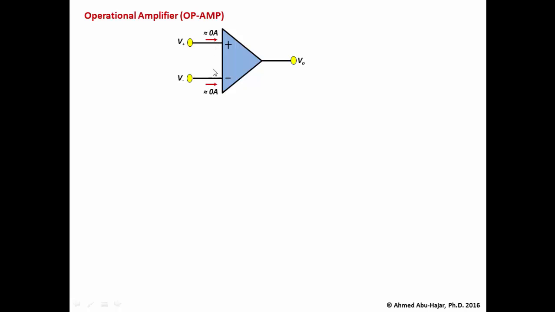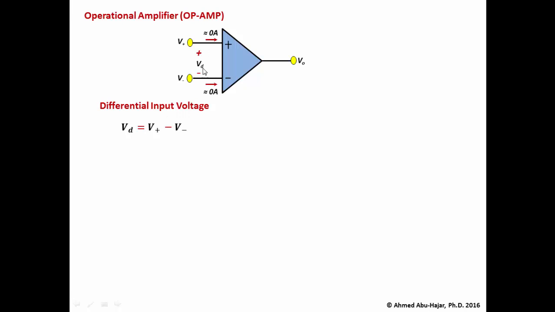The question is, how does the op-amp work? And the answer is very simple. The op-amp will take the differential input voltage, which is basically the difference voltage between V plus and V minus. So we're going to define a term, we call it the differential input voltage. The differential input voltage is going to have the subscript Vd, and that will equal V plus minus V minus.